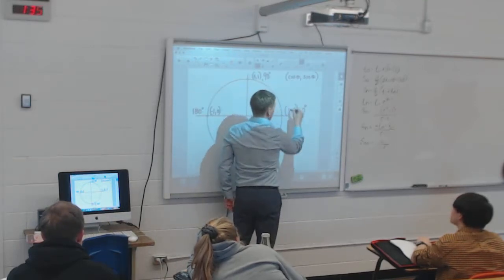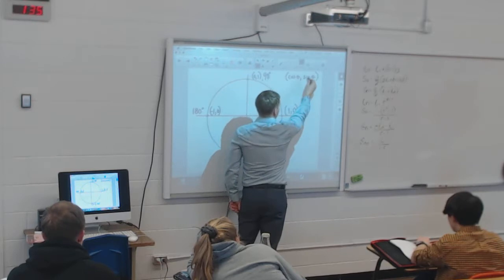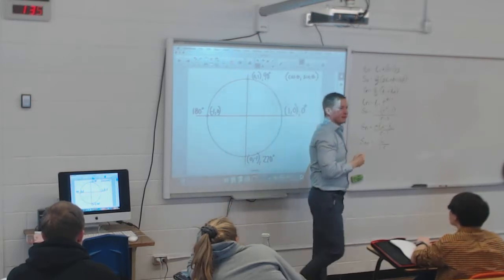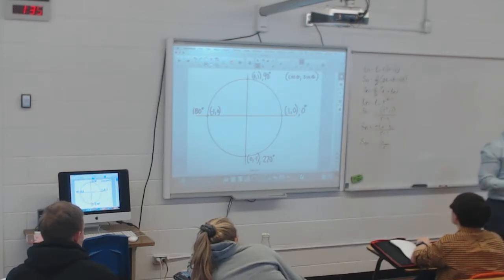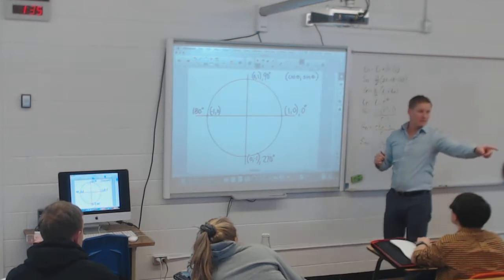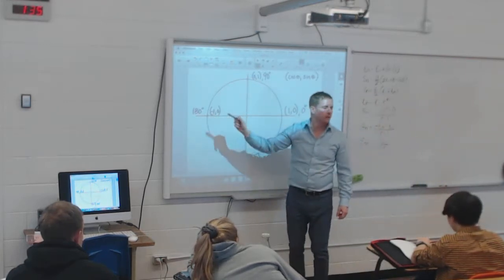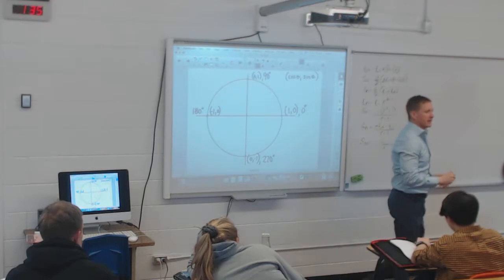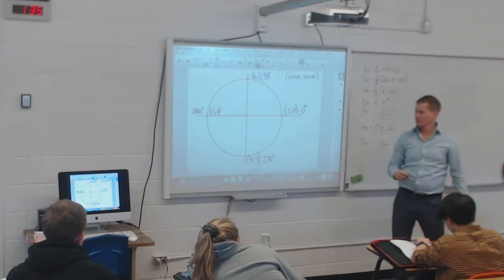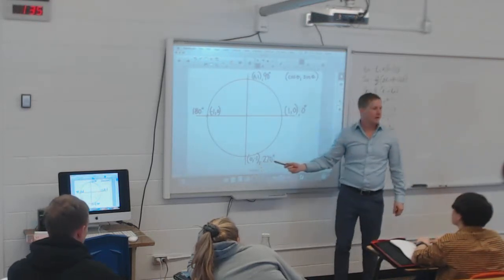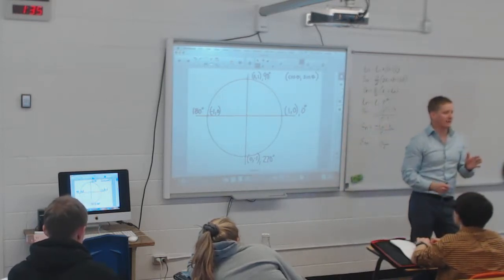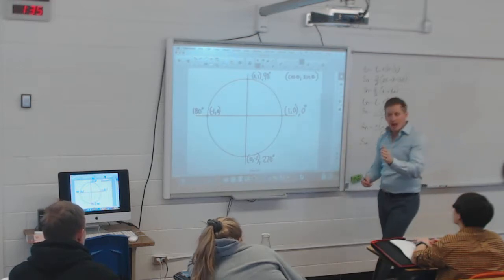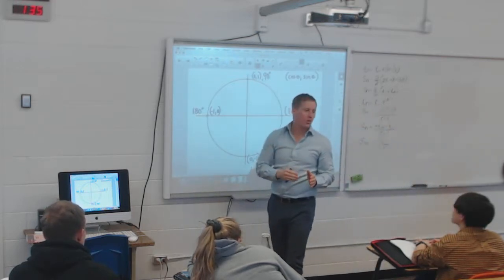Cos is my x value. Sine is my y value. So what's the sine of 0 degrees? 0. What's the cos of 180 degrees? Brittany? -1. What's the sine of 270 degrees? -1. The sine value will always be the y value of that coordinate.